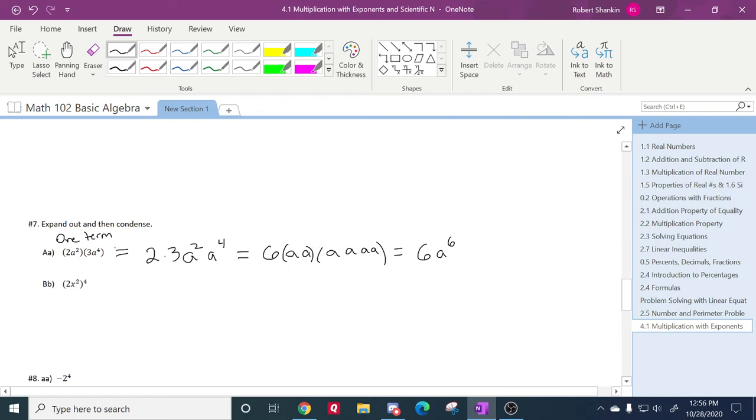I could have gone straight from here to here, but even if you do and you don't write down this middle stuff, what the really good math students tend to do is visualize. I visualize AA and 4 A's here, and I see in my mind's eye 6 A's, and that's why I get A to the 6th.